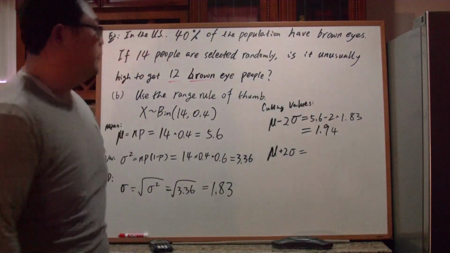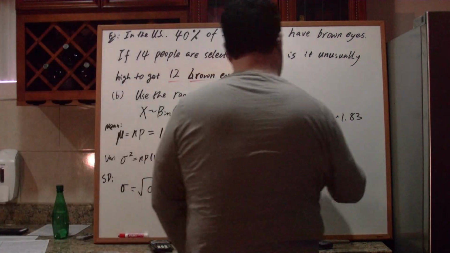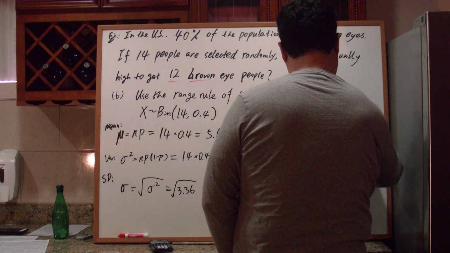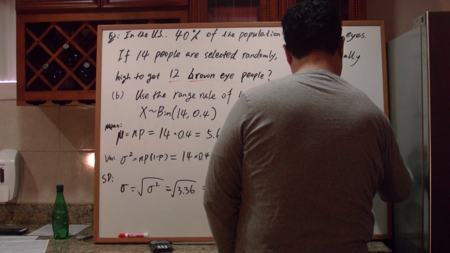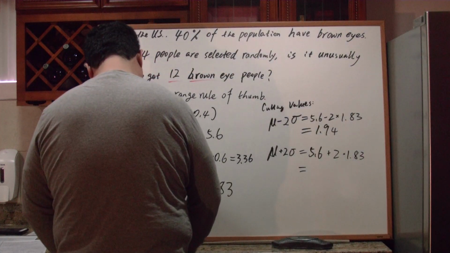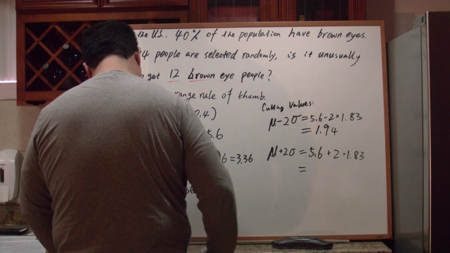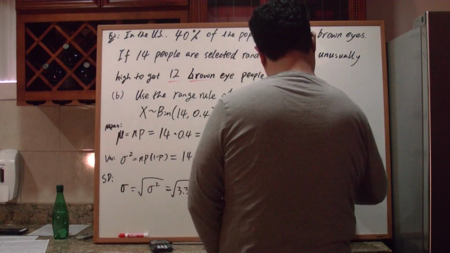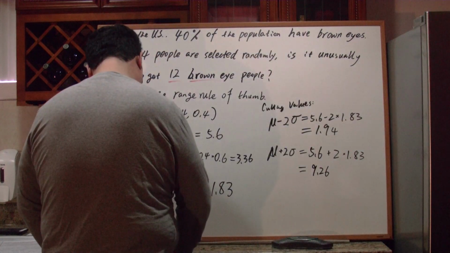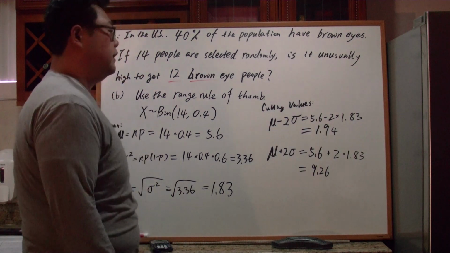You can put that into a calculator and find 1.94, and 5.6 plus 2 times 1.83 is 9.26.